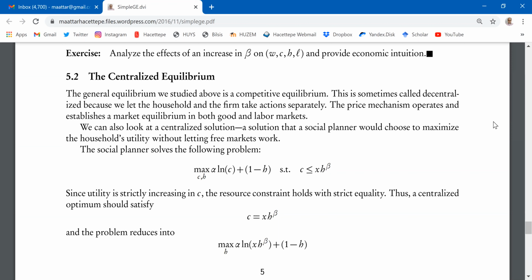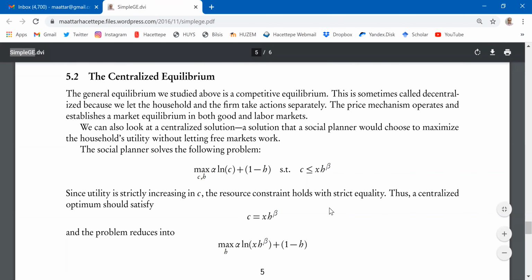If you look at the social planner problem, which is expressed here, the social planner still maximizes the same function, right? The function is the same, but now there are no prices, there's no wage, there is no profit. We only have the resource constraint, right?